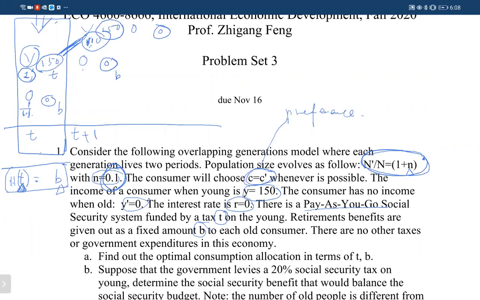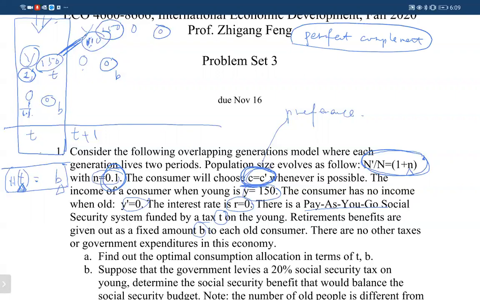All right, now what else do we know? Here we insert this preference. This says the consumer will choose C equal to C prime whenever it is possible. In microeconomics, C and C prime refer to perfect complements.